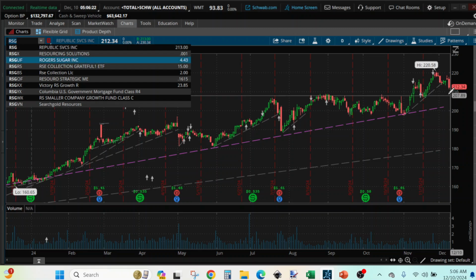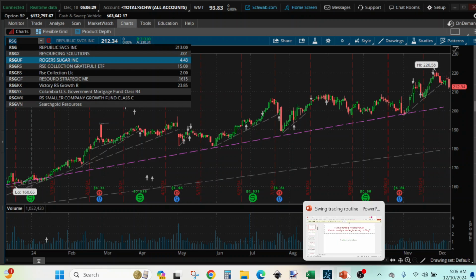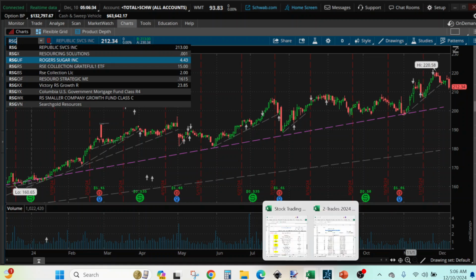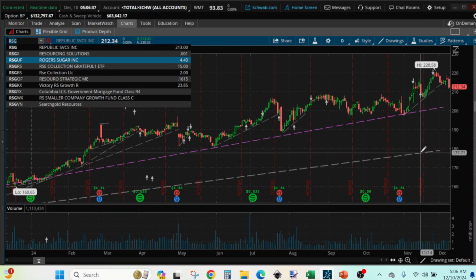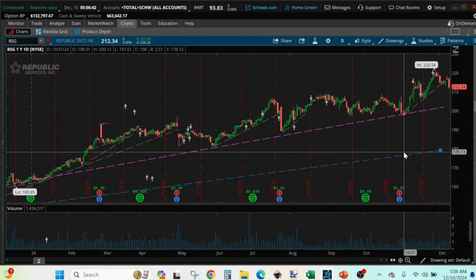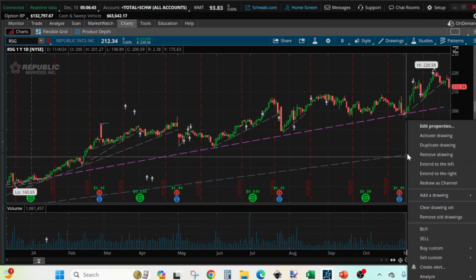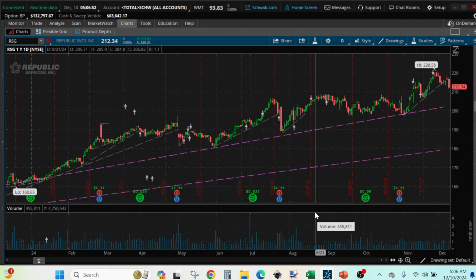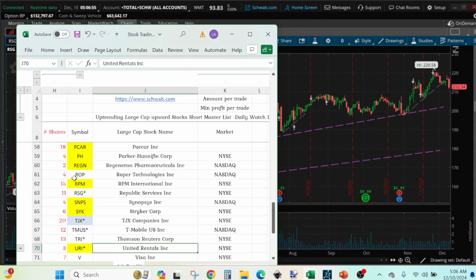RSG, we will buy it on this line. That trend line is a little bit short, so we'll buy it on this one. In fact, we can make this purple as well. It's a longer line. For that to show up on the 1 year time frame, let's make it purple and have both obvious to us.